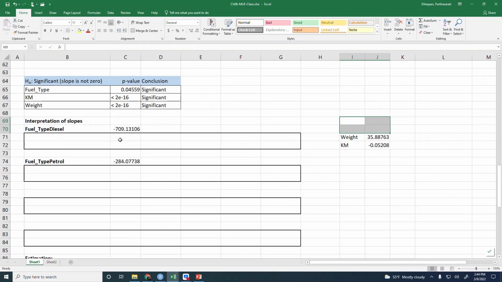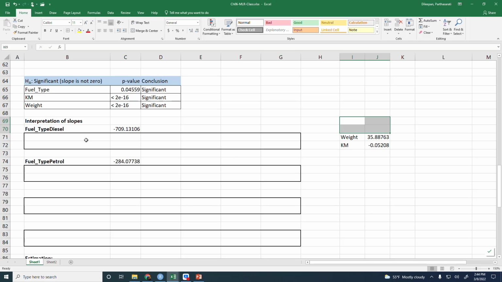Now remember, we're going to leave one of the categories out, right? So here we had 3, we left 1 out. We defined dummy variables only for 2. And if we have 15 categories, we will leave 1, we'll have 14 dummy variables, right? So the one that we leave out is the basis.